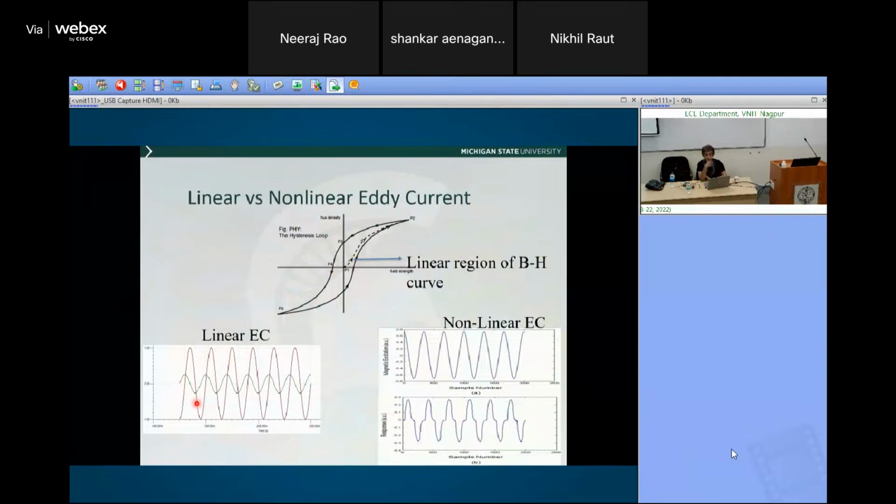But when you have a magnetic material that has the hysteresis, if I apply just a very small amplitude, I will not get this kind of response. But when I apply a large amplitude signal, I'm exciting it in the nonlinear portion of the hysteresis curve. When you have a nonlinear system, the output will have harmonics of the input frequency.